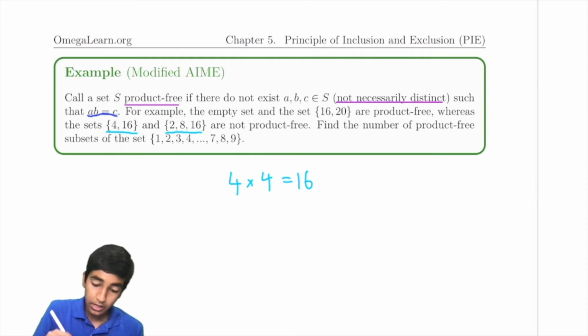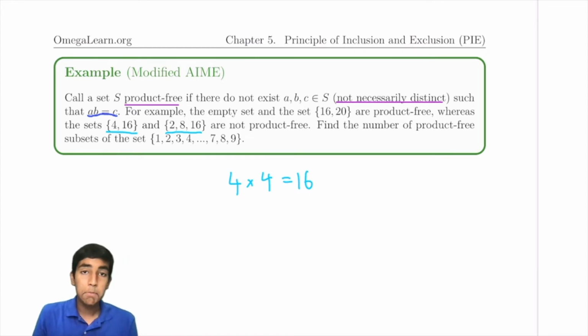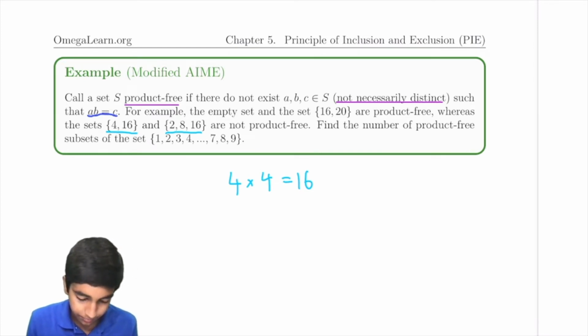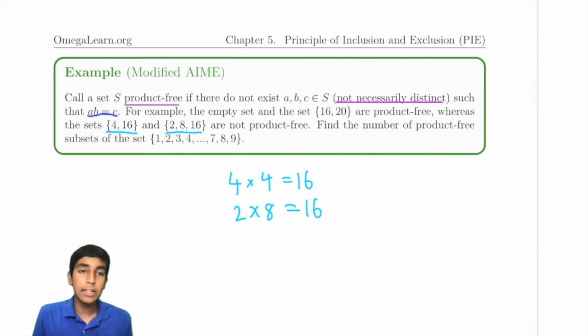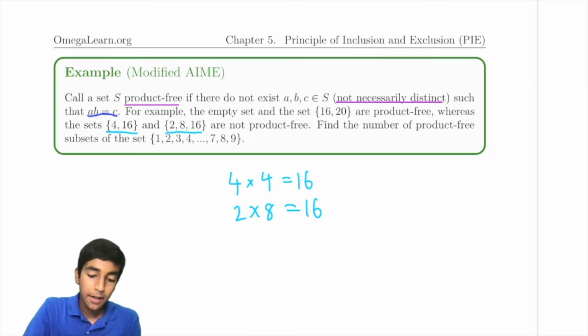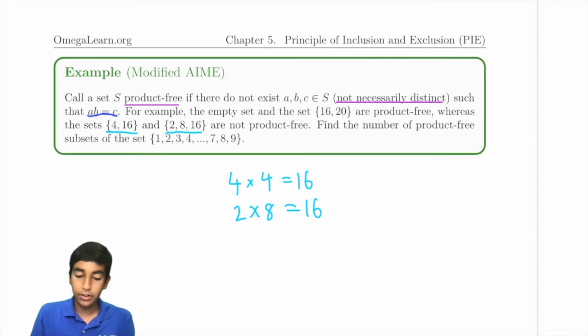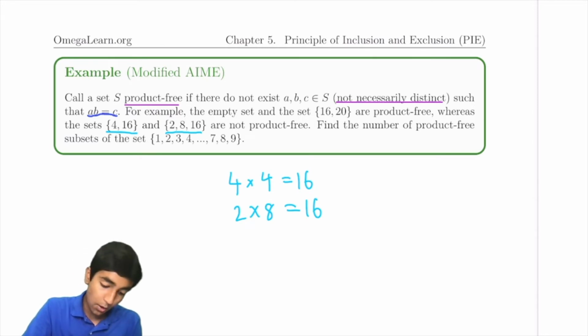And it's very important that a, b, and c don't have to be different. So this is not okay, because 4 times 4 equals 16. And in the second example, we have 2 times 8 equals 16. So {2, 8, 16} is not allowed. And we're asked to find the number of product-free subsets of the set 1 through 9.